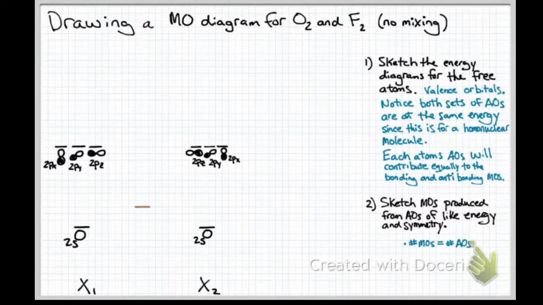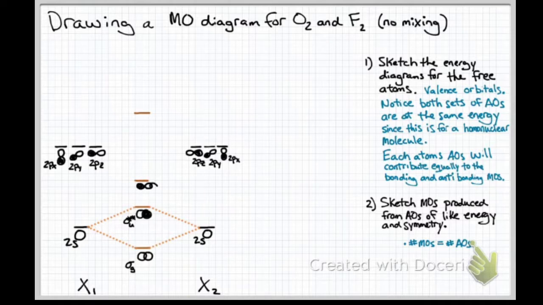And remember that the number of molecular orbitals should equal the number of atomic orbitals. So the s orbitals interact to form a bonding interaction, which will be sigma g, and an antibonding subtraction of those two s orbitals produces the antibonding sigma orbital, and we'll sketch in the dotted lines.